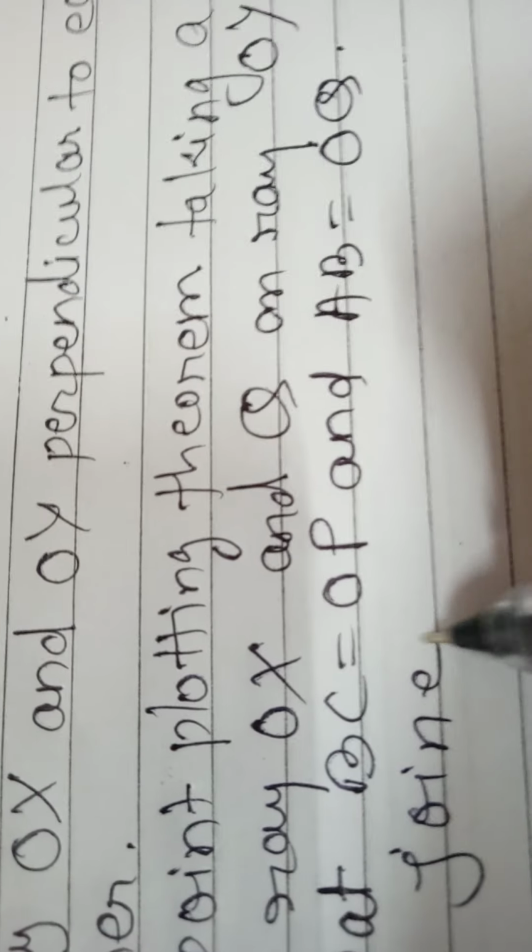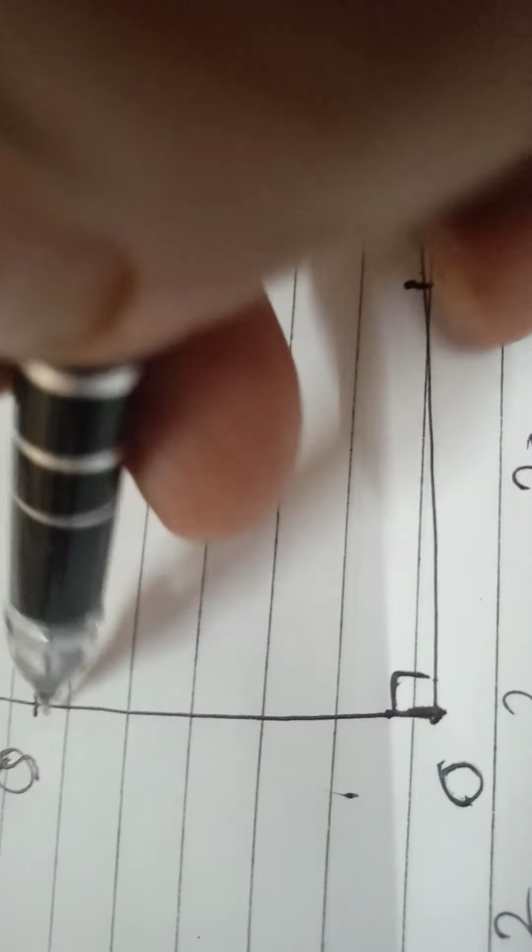Clear? OP is equal to BC and OQ is equal to AB. Then you write here: join PQ. So I am joining now PQ.